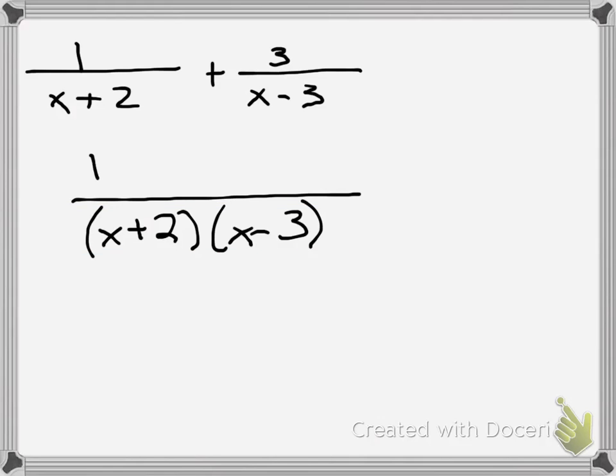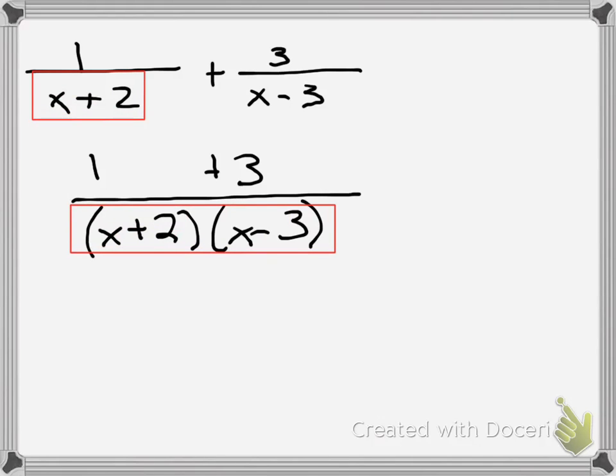My issue is compensating in the numerator. Again, compare this denominator to my common denominator. It's pretty obvious that the first denominator is missing the x minus 3. You see, the bottom already had x plus 2.